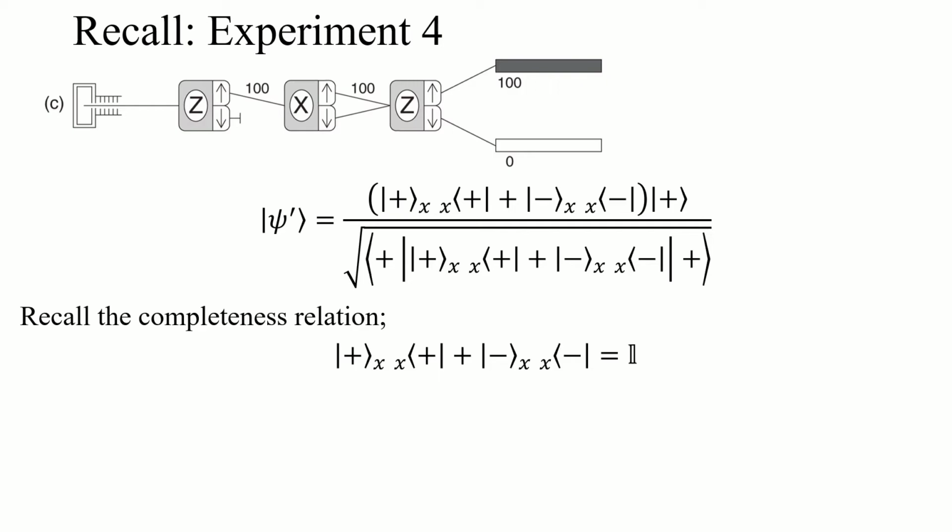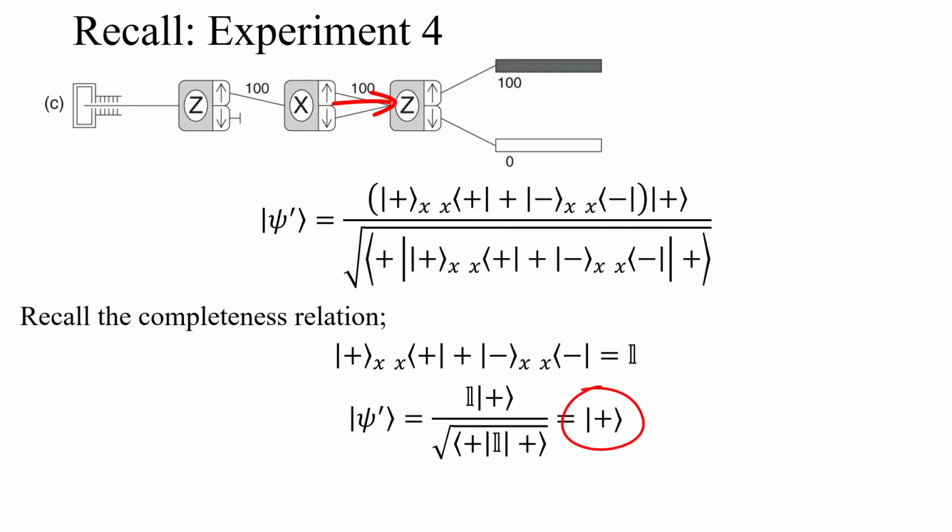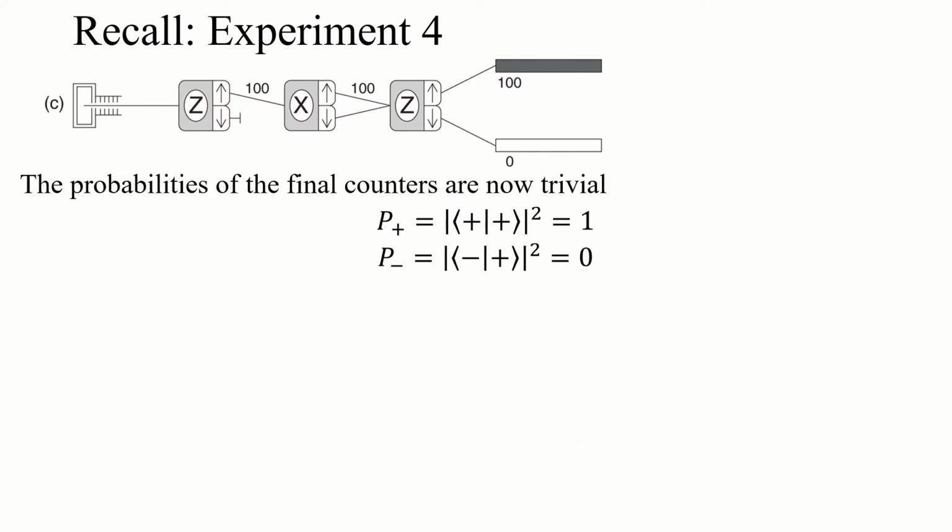And if we use that relationship, this state afterwards becomes trivial. The identity operator acting on any ket just returns that ket. So what we end up with is we still have the spin up in the Z direction ket as our ket. So when we figure out the probabilities of the third Stern-Gerlach analyzer measuring spin up or down, given that this is its input ket, they become trivial.